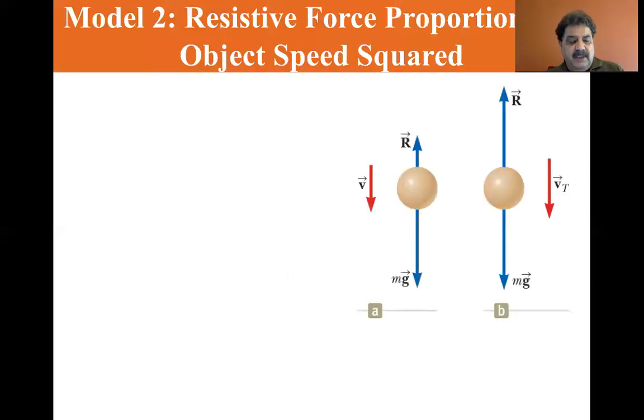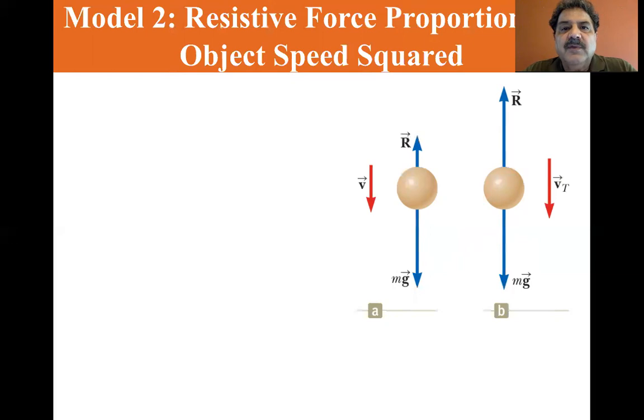Okay, let's look at the next model, where for objects moving at high speeds through air, airplanes, skydivers, cars, and baseballs, the resistive force is modeled as being proportional to the square of the speed.